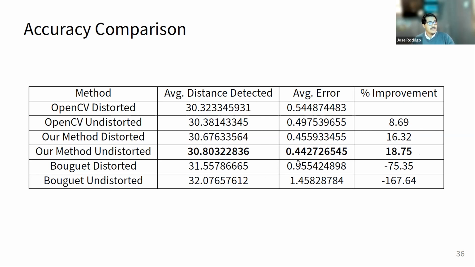Bouquet's method got really, really bad, with minus 75.35% and minus 167.64% of improvement.